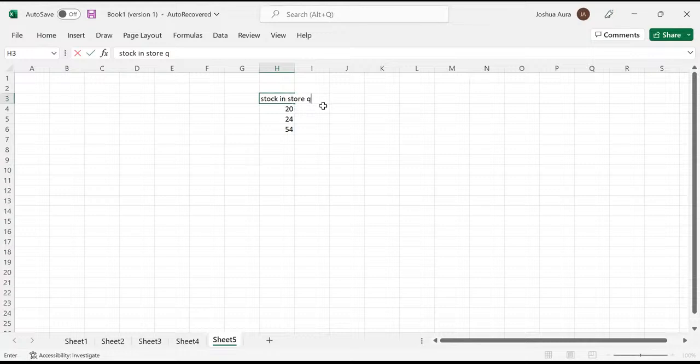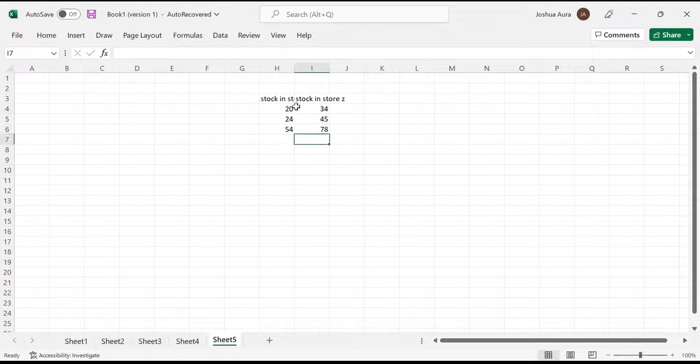Then we have stocks in store Z, it doesn't matter really. I have my enter there. So what we have here could be something like 34, 45, 78, like that.